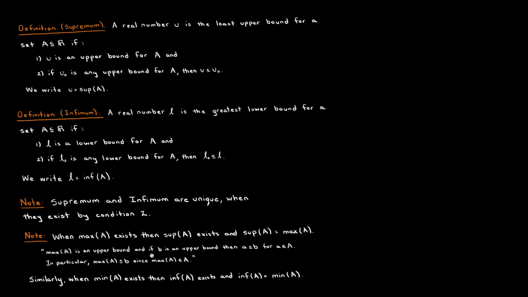And for the second condition, if B is any upper bound, then by definition, it means that B is greater than or equal to everything in A. In particular, B must be greater than or equal to the maximum of A because the maximum is an element of A. And this shows the second condition, that the maximum of A is less than or equal to any upper bound B. Therefore, the supremum of A is exactly equal to the maximum of A.